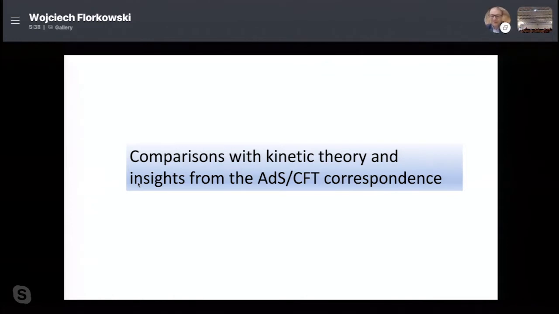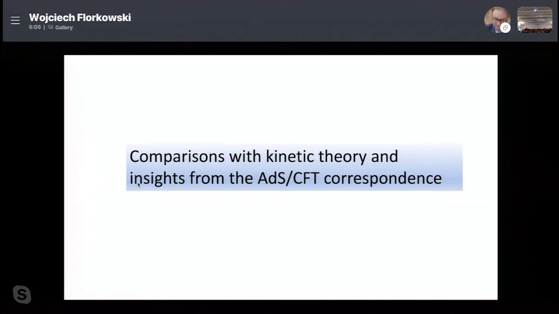Before I go to the comparisons, I will make a step back and discuss one-dimensional models, which are quite famous. I think it's worth talking about them, and they will set up the stage for the discussion of one-dimensional expansion, but they are perfectly good models actually. But what's the physics motivation?